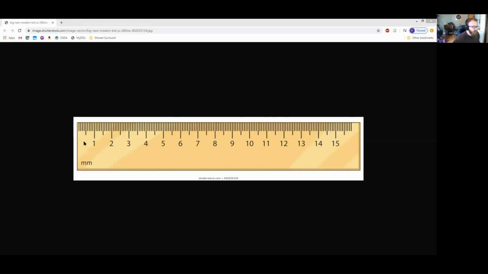Okay, so right now on your paper, you and I are going to do the same thing. We're going to represent 1 centimeter broken down into millimeters. We're not going to draw it so small. We're going to make it a little easier to see and understand, because one of the most important things we should take away from today's lesson is that everything in the metric system is based on tens.